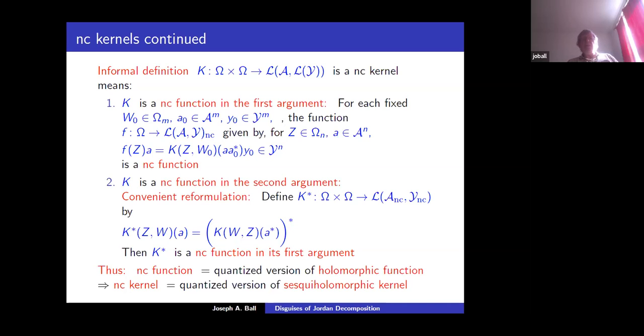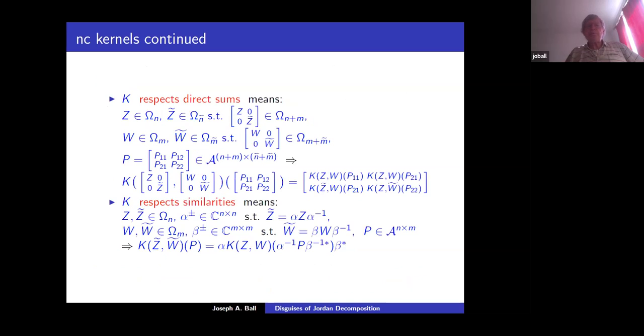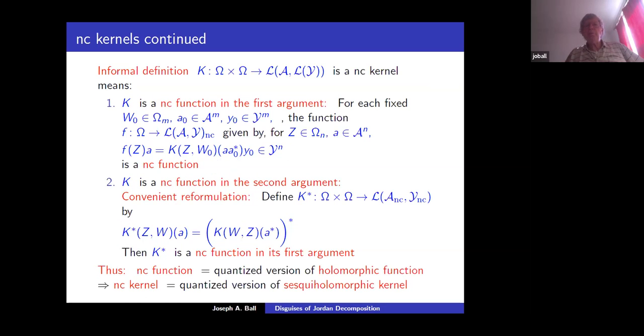Examples of completely positive non-commutative kernels: we can take special cases. Omega is only omega 1, and A equals C, then we're back to Aronszajn kernels.